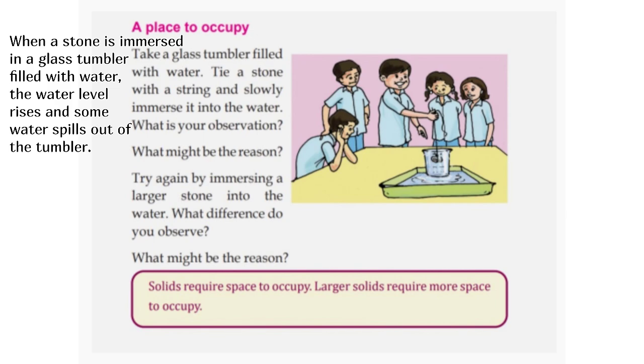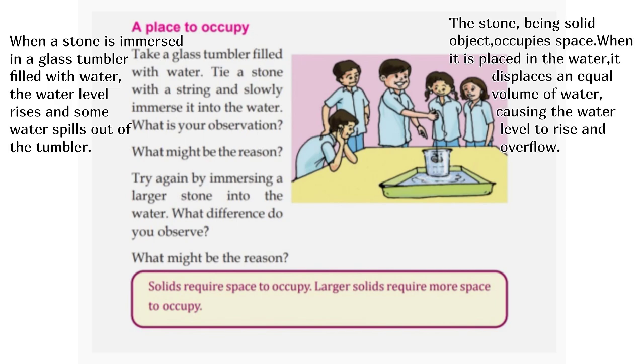What might be the reason? This stone, being a solid object, occupies space. When it is placed in the water, it displaces an equal volume of water, causing the water level to rise and overflow.